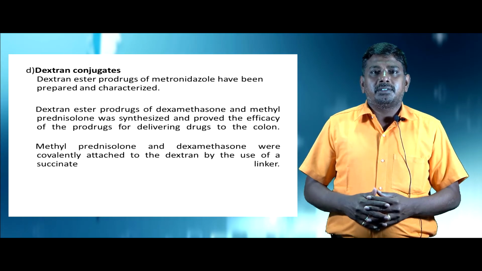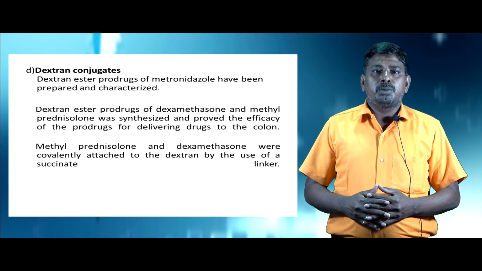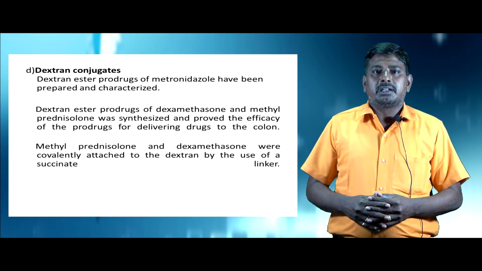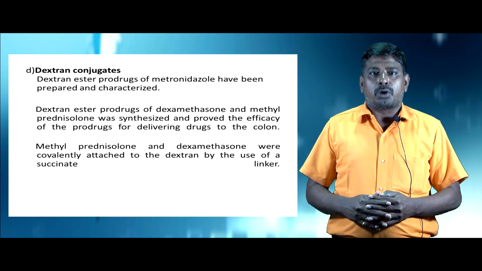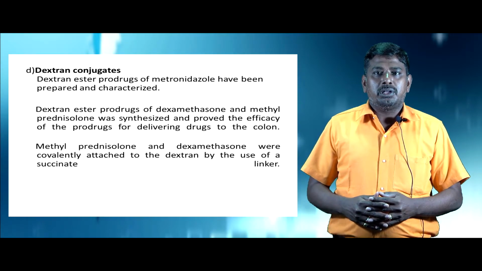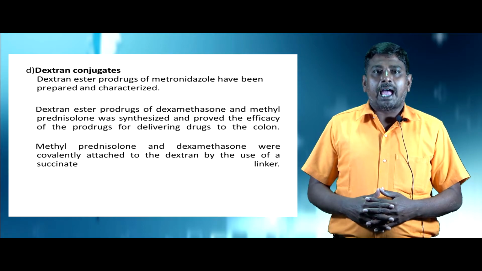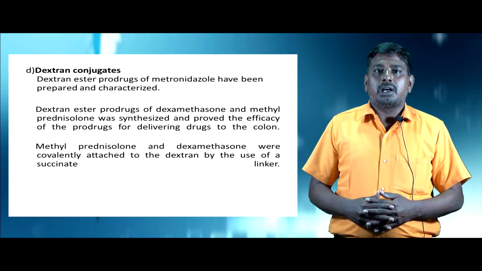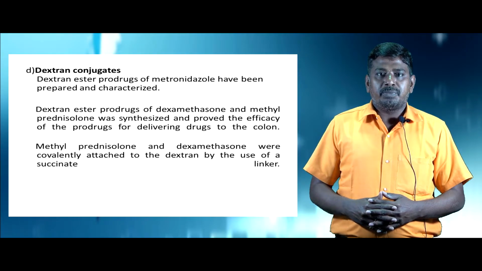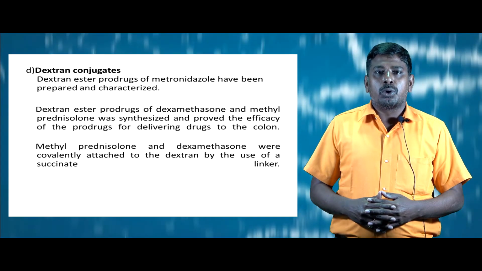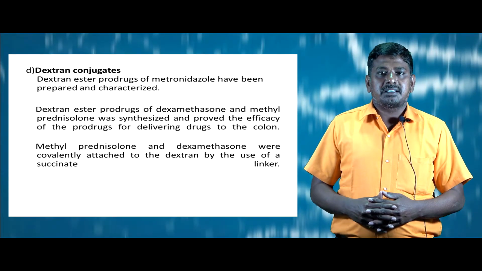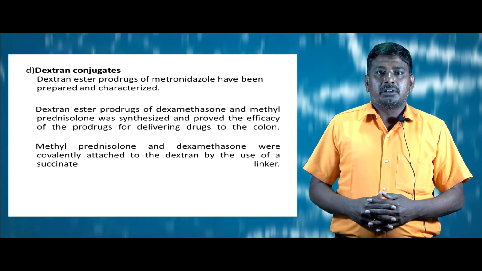Next, the method we have to see is dextran conjugation. What is meant by dextran conjugation? Dextran ester prodrugs of metronidazole, an anti-amoebic drug, have been prepared and characterized. Next, dextran ester prodrugs of dexamethasone and methylprednisolone were synthesized, and the efficacy of the prodrugs was proved.